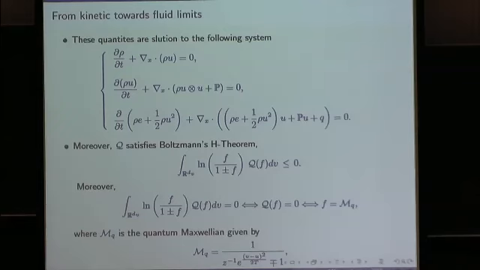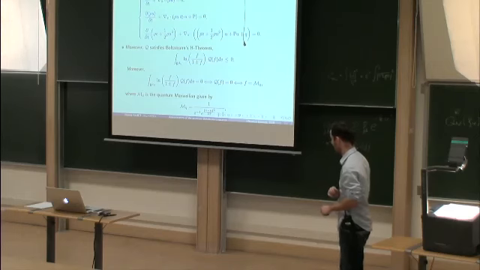Of course it's not a closed system, and to close it you have to use the entropy principle, which tells you that when the entropy production is 0, the distribution function is this quantum Maxwellian, which is given by this quantity here. So here there is a difficulty. Of course there is a sign minus or plus depending on whether you consider a boson or fermion gas.